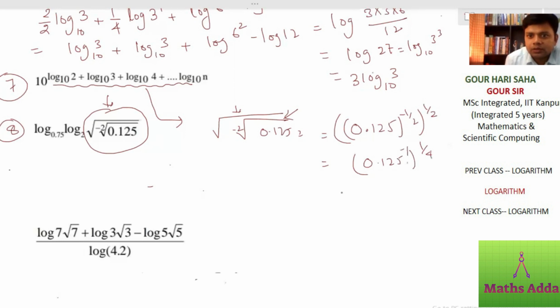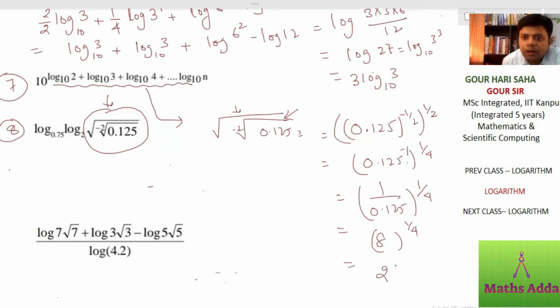So this is 1 by 0.125 to the power 1 by 4. This is 8 to the power 1 by 4, right? So it is 2 to the power 3 by 4. Now come here. So it is log of 2 to the power 3 by 4 base 2 base 0.75. Now this is what?